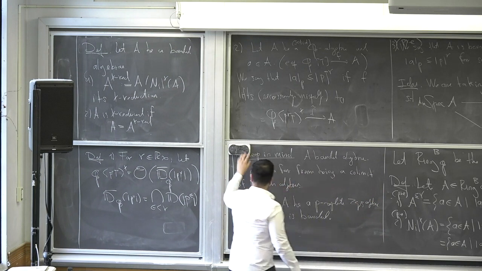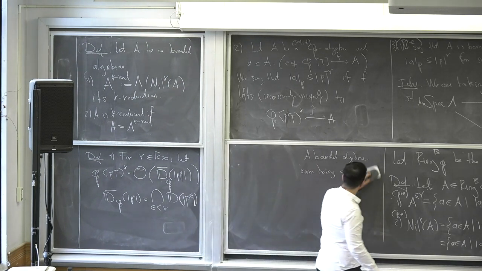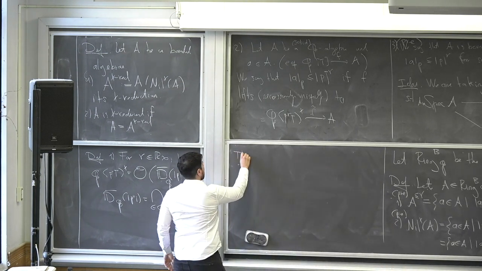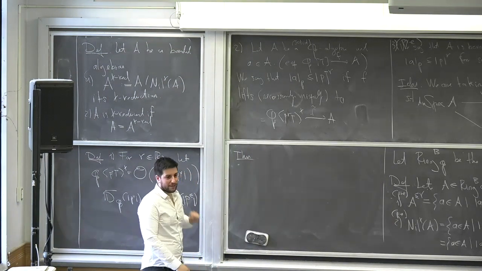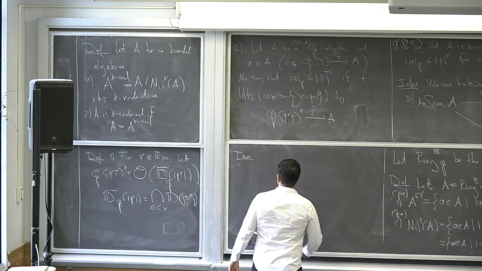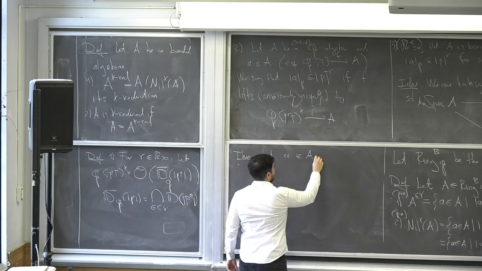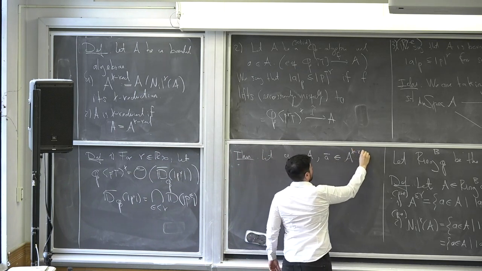Let me state this as well, because it's actually also non-trivial to work with these things. We're going to write it right now. So let a be an element of A, and a bar its image in the reduction.